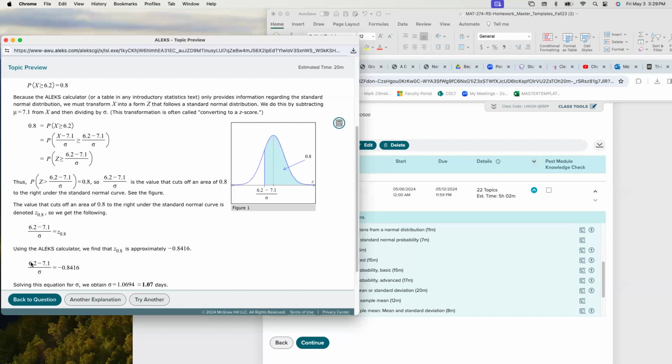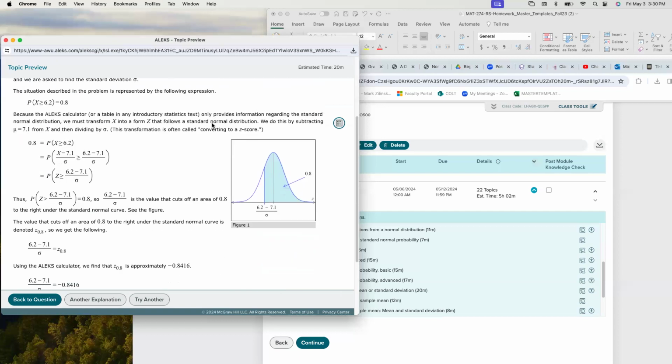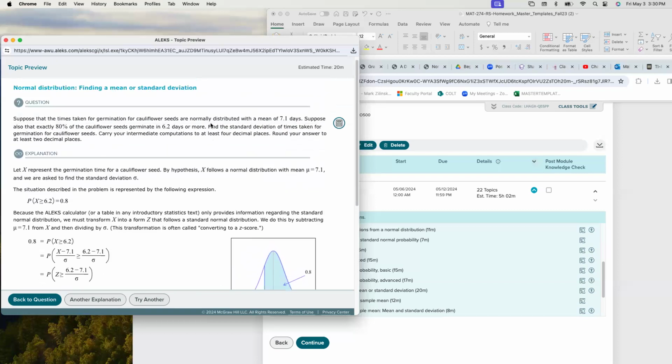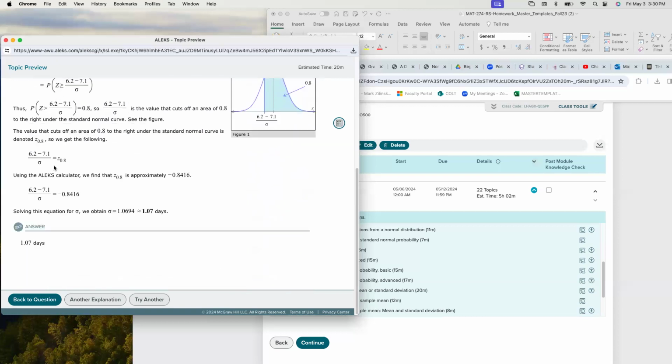Of course, they gave you x and mu in the original problem up here. This was x and this was mu. Now we want to find the standard deviation, so we're dealing with four variables: Z, X, mu, and sigma. They didn't give us Z directly, but they gave us information that we can use to find it.